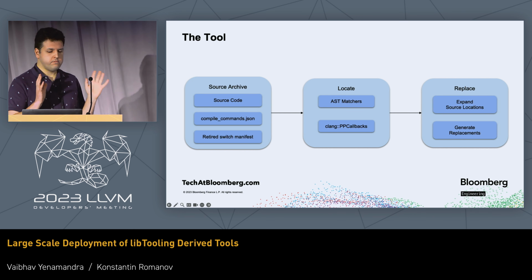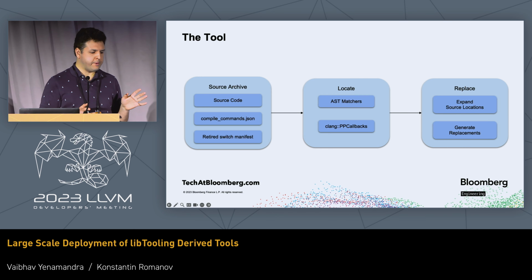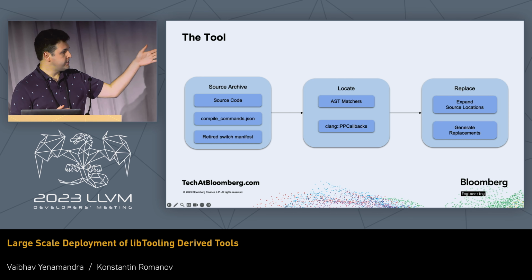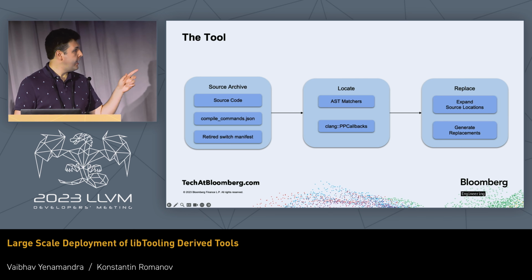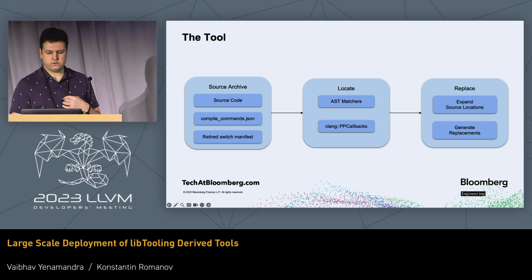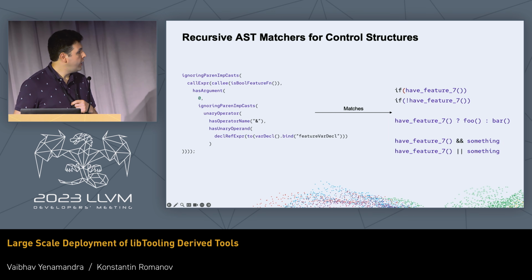This is an approximate design of our tool. It reads the source archive and the feature flag manifest, finds all the places where we use feature flags, and then creates replacements.